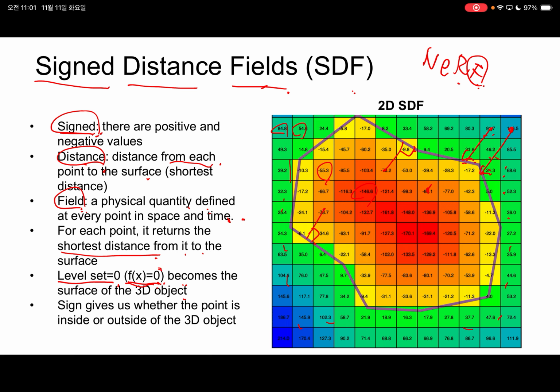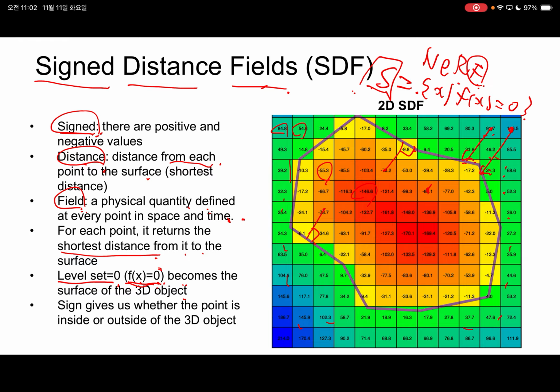The distance is 0. Then a point whose SDF is 0 means such points are on the surface. So we can get the surface by getting the points which make SDF equal to 0. The set of points where f(x) equals 0, that is the surface, by definition.